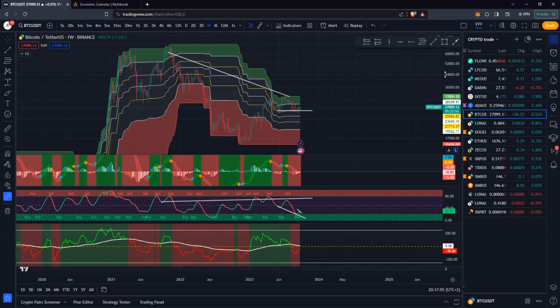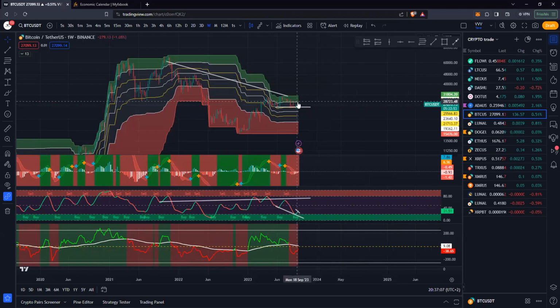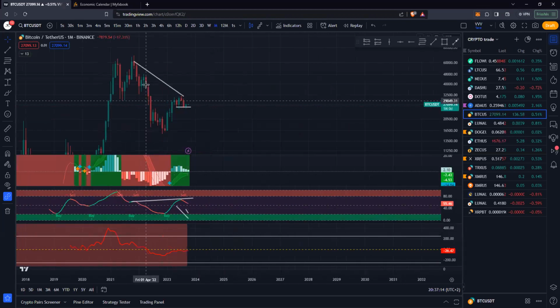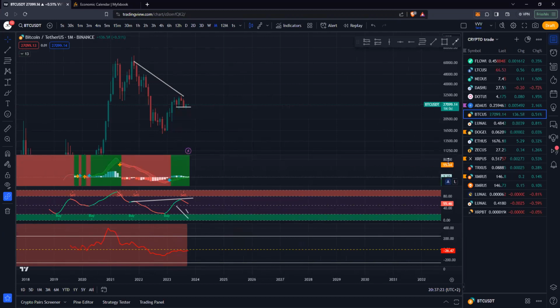So yeah, this could mean that we could see another spot. You see the monthly basis, we can go even to this level here. So that's what I'm waiting for.